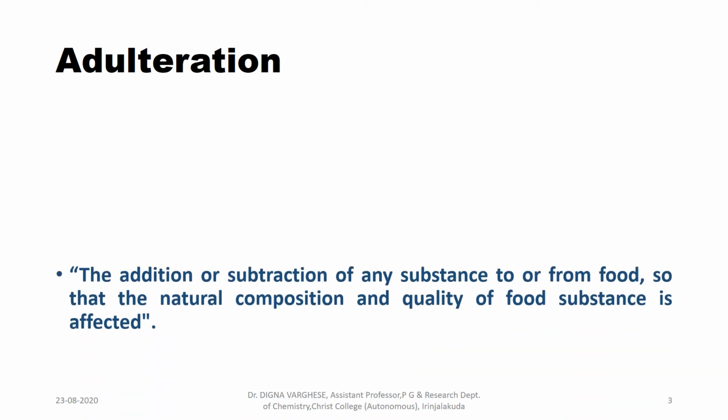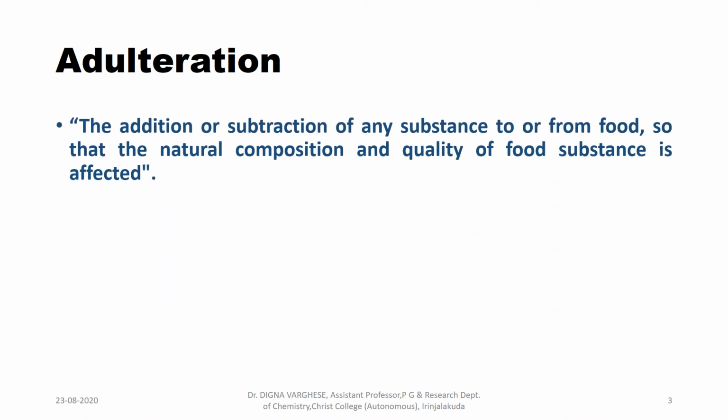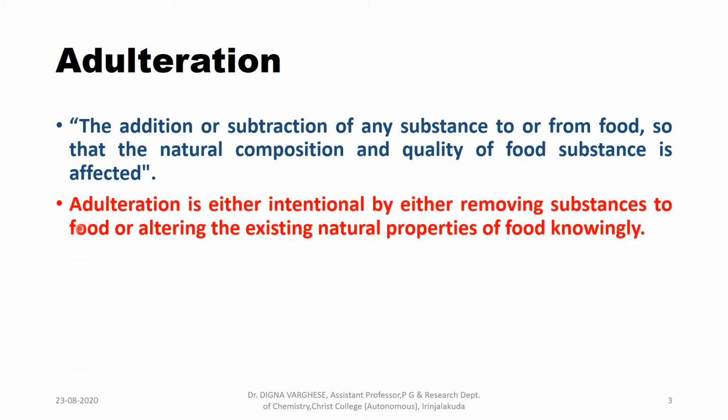Adulteration: the addition or subtraction of any substance to or from food so that the natural composition and quality of the food substance is affected. Adulteration is either intentional, by removing substances from food or altering the existing natural properties of food knowingly.